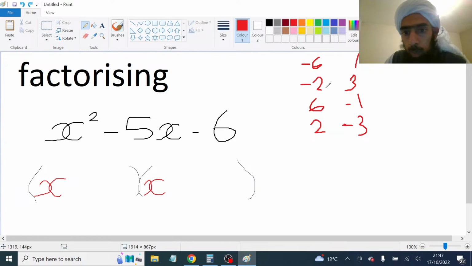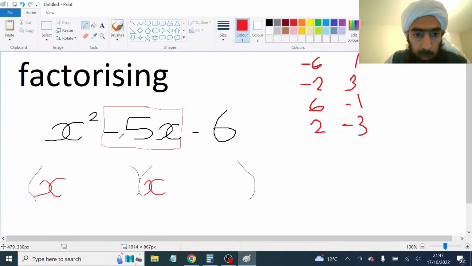So now we just need to pick the right pair, and the right pair is determined by this middle number here. So don't worry about the x, but just look at the coefficient, the number before the x. You see it's minus 5. So you go down your pairs and you think, okay, which of these pairs would add to get minus 5? So minus 6 plus 1, that would get minus 5.